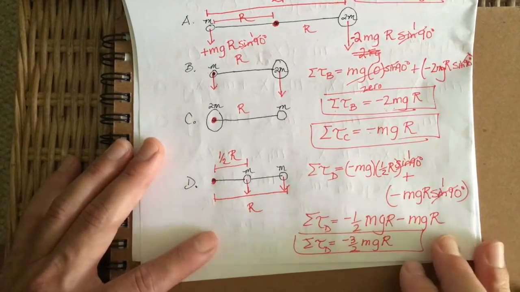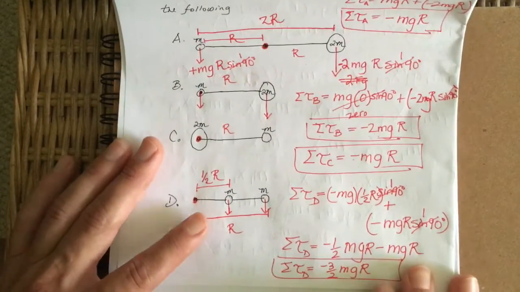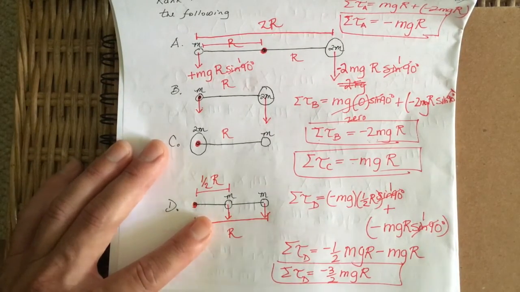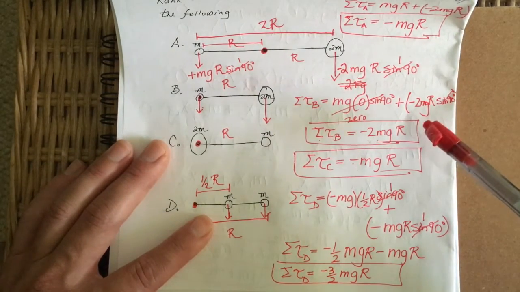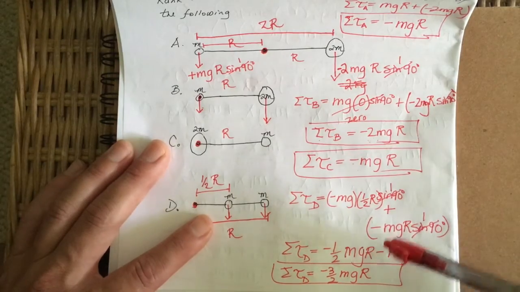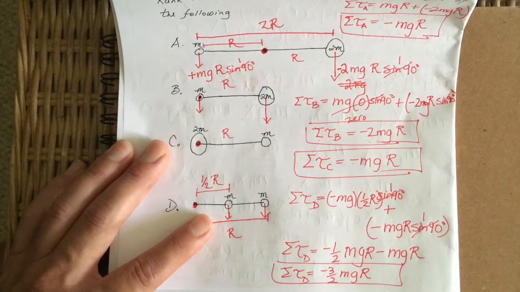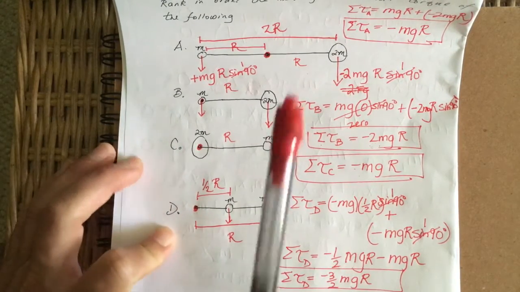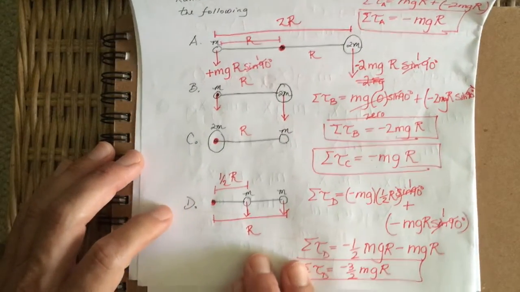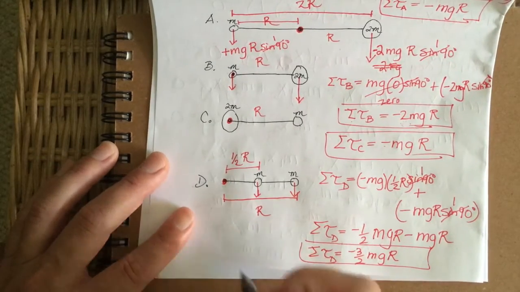All right, so magnitudes. I don't know if you can see all these at once, but which one is the largest? We've got 2mgr, 3/2 mgr, mgr, mgr. It should be obvious, right? So let me say that one more time.